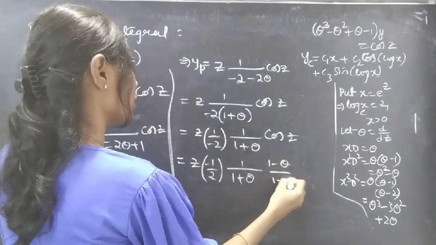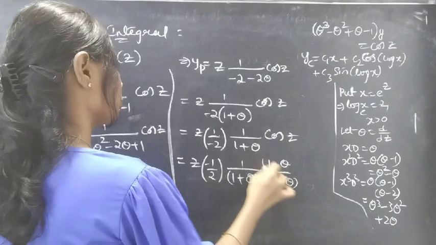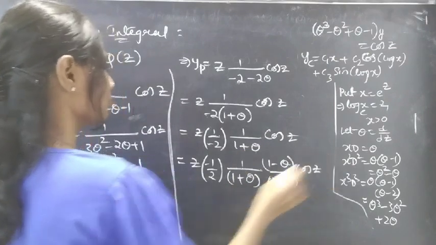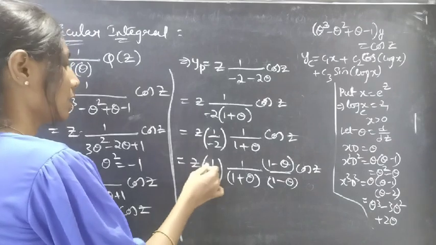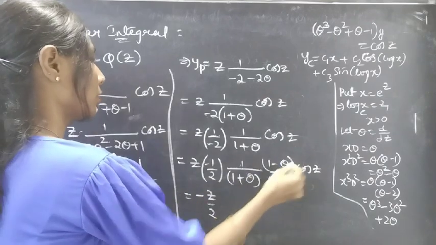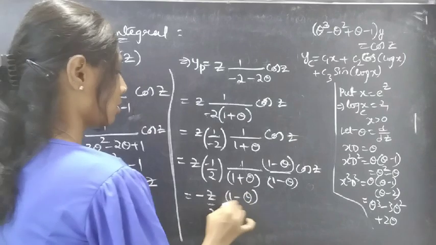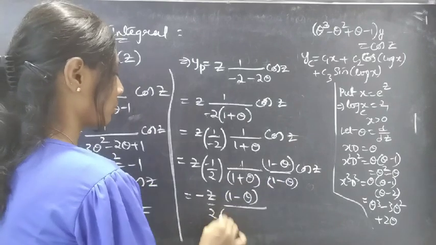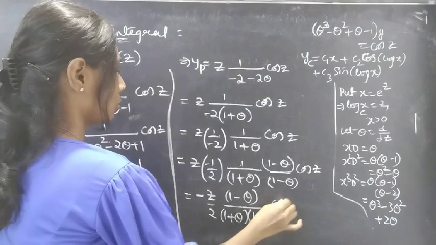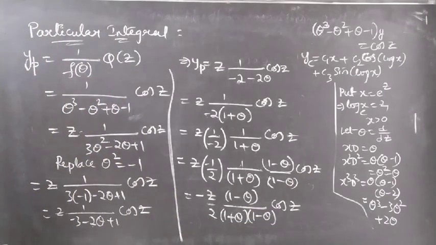Now multiply and divide 1 − θ to the second fraction. Then we'll get z into −1 by 2 is −z by 2 into 1 into (1 − θ) by (1 + θ) into (1 − θ) into cos z.